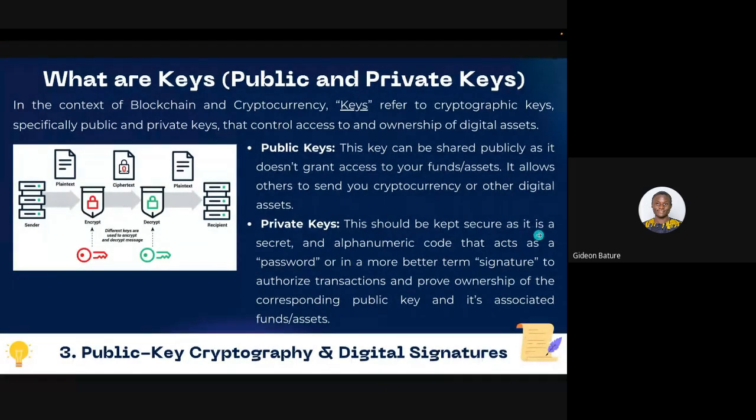So this should be kept secure as it is a secret, an alphanumeric code that acts as a password, or in a better term, a signature, to authorize transactions and prove ownership of the corresponding public key and its associated funds or assets. Right?